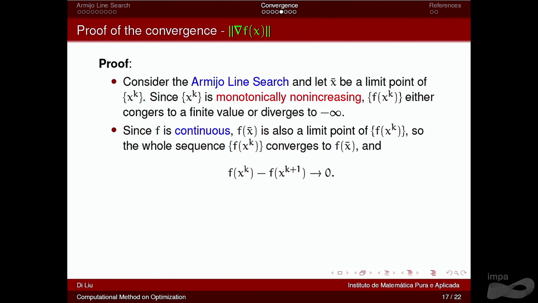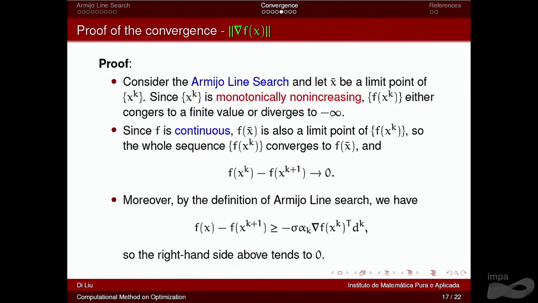Because of the continuity of f, we have f(x_k) minus f(x_{k+1}) approaches 0. Then we use the definition of the Armijo condition, so we can get this here. Sorry, there is x_k here.